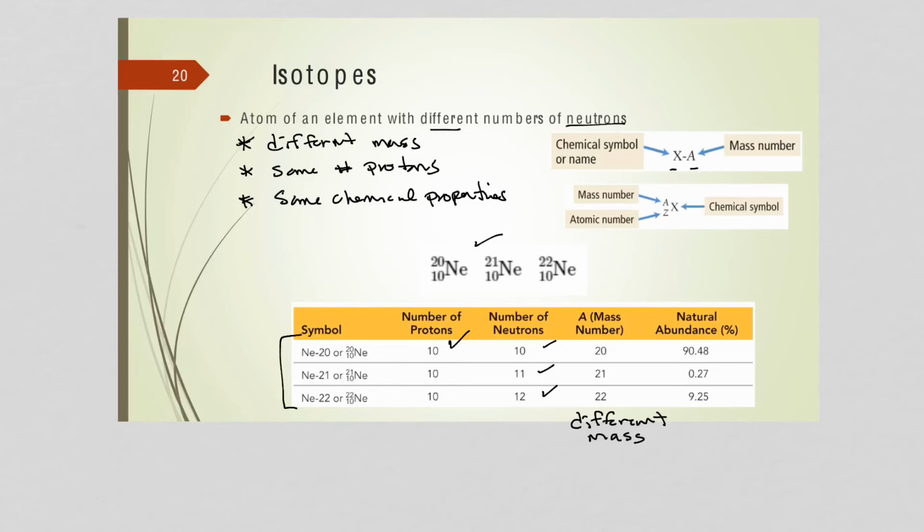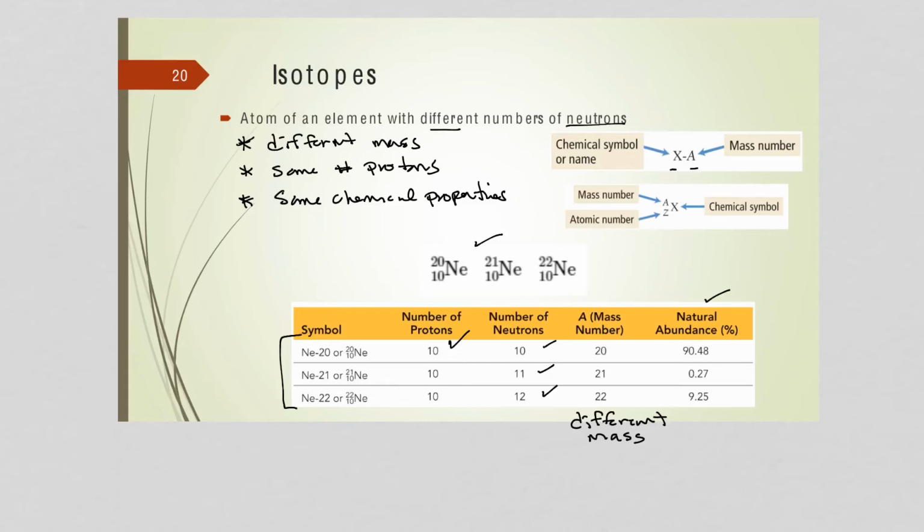Now, this natural abundance thing, well, it turns out that in nature, elements always exist with the same ratios of their various isotopes. So any sample of neon that I were to find would have 90.48% of neon 20, 0.27% neon 21, and 9.25% neon 22.